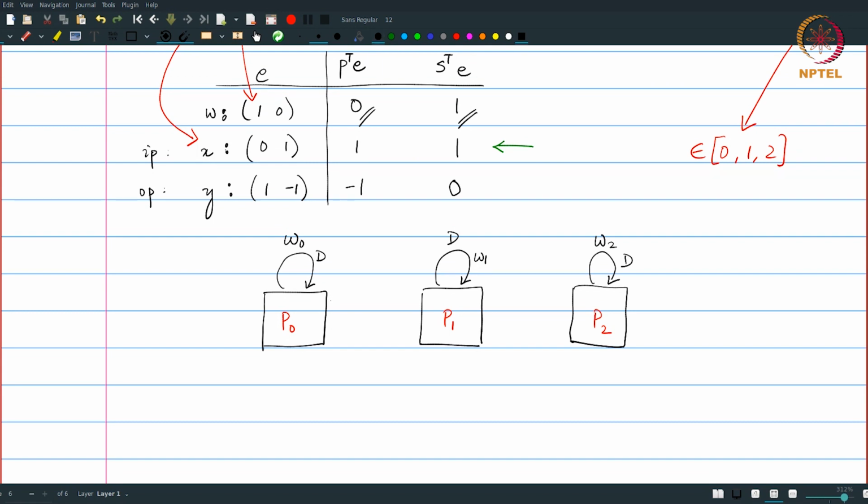In other words, I need to go from processor P0 to P1 and from processor P1 to P2, and each of these with a sample delay of 1D, right? So in other words, this corresponds to this edge and this one corresponds to the D that I have over here.